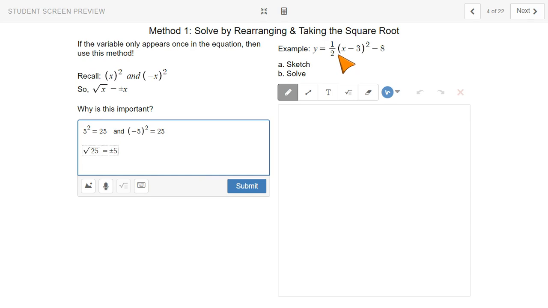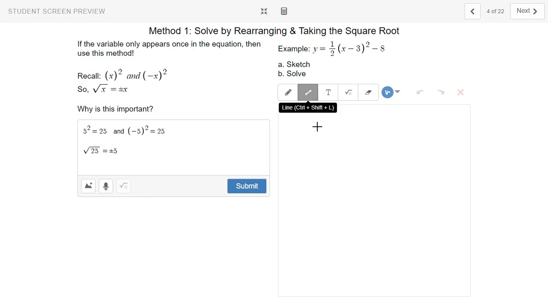Let's look at this example here from a graphing perspective. If I had y is equal to half bracket x minus 3 squared minus 8, we have a parabola in vertex form. We know that the parabola opens up, and we also know that the parabola has a vertex at positive 3, negative 8.